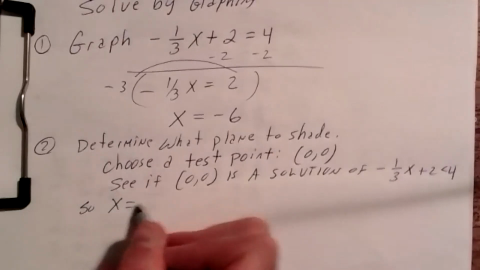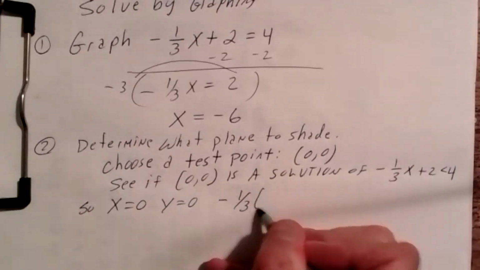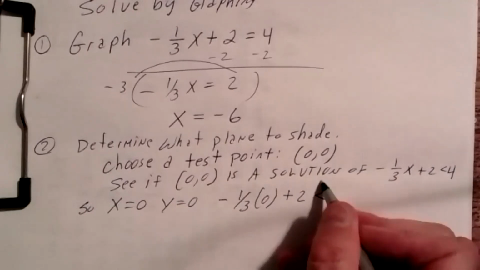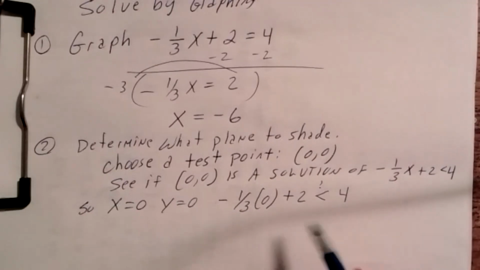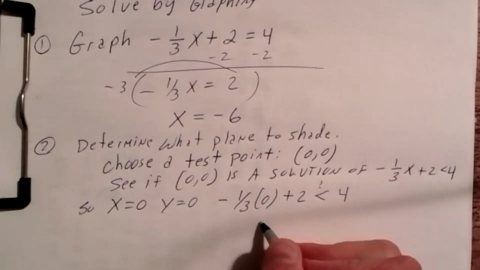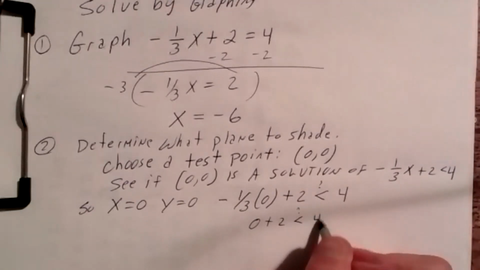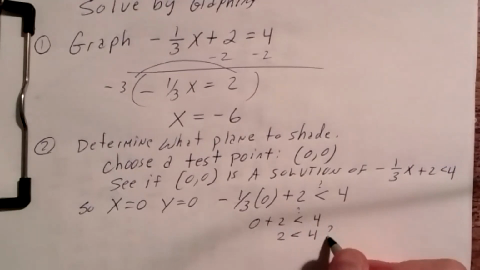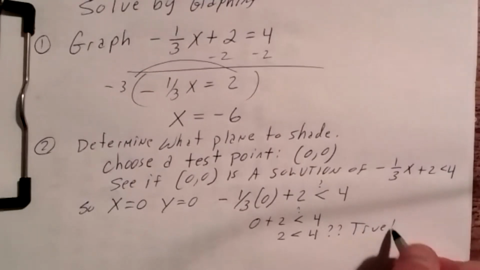To do that, we let x be 0, y be 0, substitute them into our inequality for x and y, and we ask ourselves, is negative 1/3 times 0 plus 2 less than 4? Well, negative 1/3 times 0 is 0, and 0 plus 2 is 2. Is 2 less than 4? True or false? True.